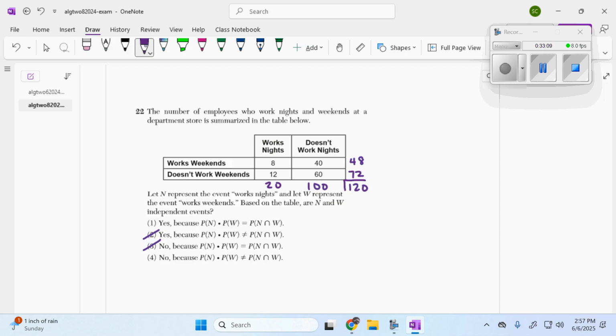So if we find some probabilities, the probability of working nights, well, there are 20 people out of 120 that work nights. The probability of working weekends, well, there are 48 people out of 120. And the probability of both, well, that would be the people that work weekends and work nights. That would be 8 people out of 120.